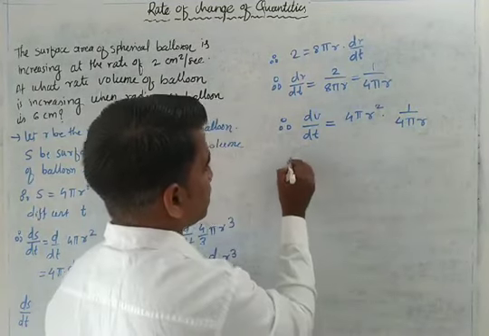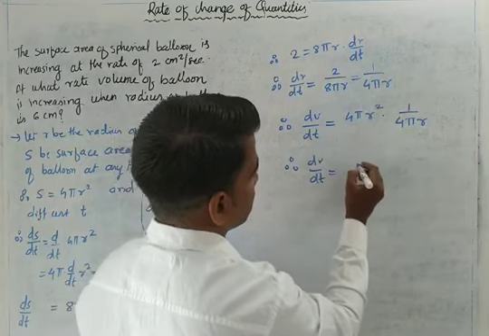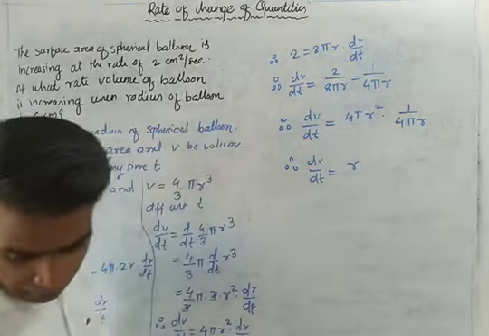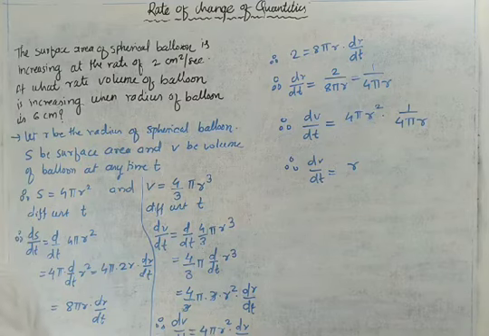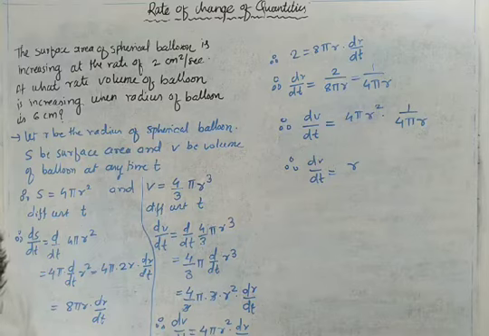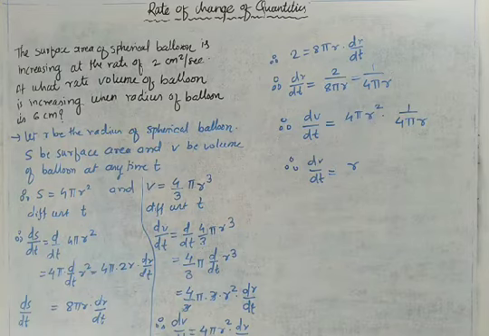So cancellation will happen, and after cancellation we will get dV by dt is equal to r. Cross check it again, 8 pi r dr by dt.